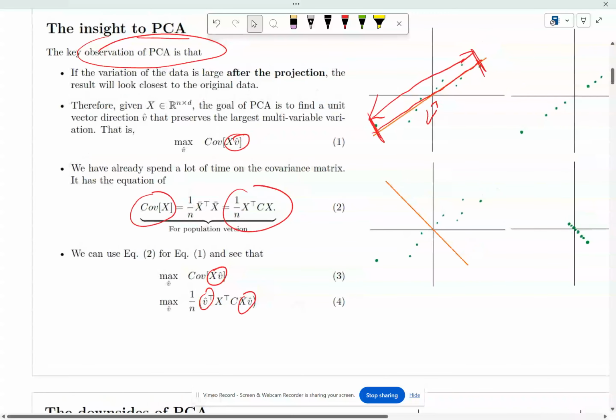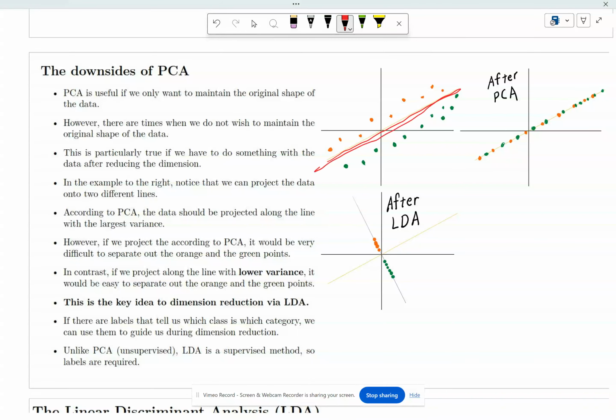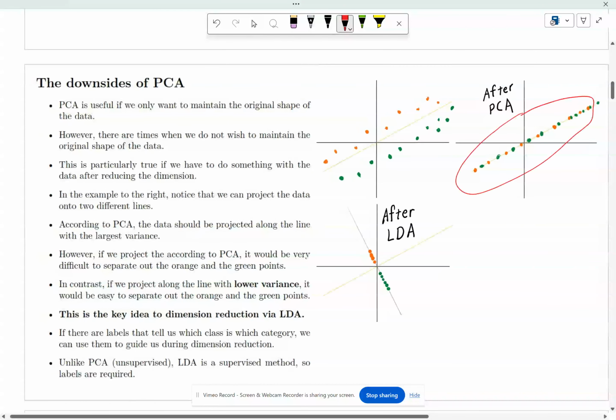However, PCA does have a downside. It's useful when we want to maintain the original shape. Over here, if you do PCA, obviously it's going to try to maintain the original shape so that after the projection, it looks like this. However, sometimes we don't really want to preserve the shape.